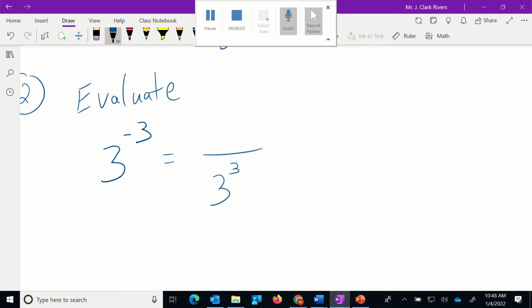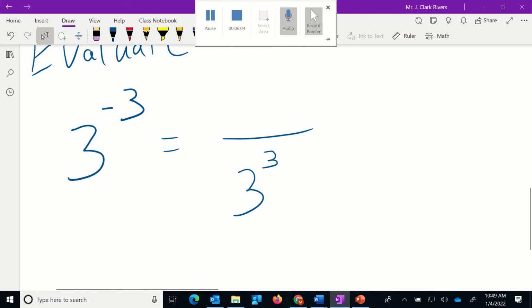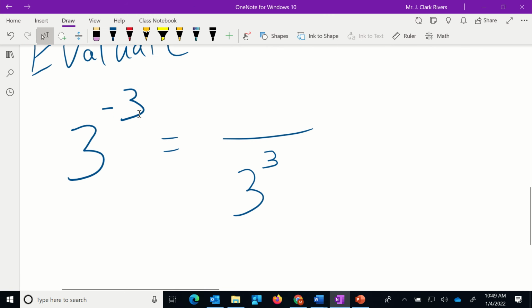So when you move a power to the other side of the fraction, the sign of the exponent changes. What remains up top? 1. So 1 over, what's 3 times 3? 9. What's 9 times 3? 27.